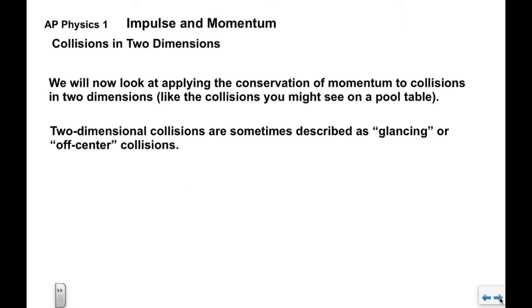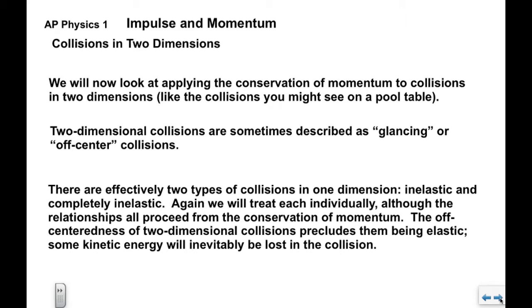Now what we're going to do is apply conservation of momentum to collisions in two dimensions, which would be kind of like the collisions you might see on a pool table. Two-dimensional collisions are sometimes described as glancing or off-center collisions. There's effectively two types of two-dimensional collisions, inelastic and completely inelastic.